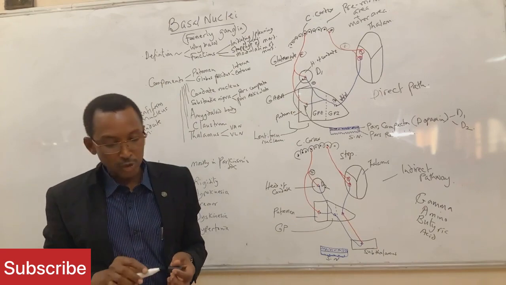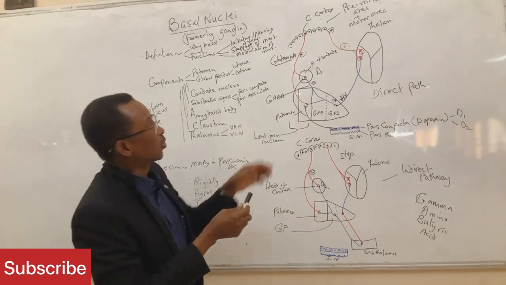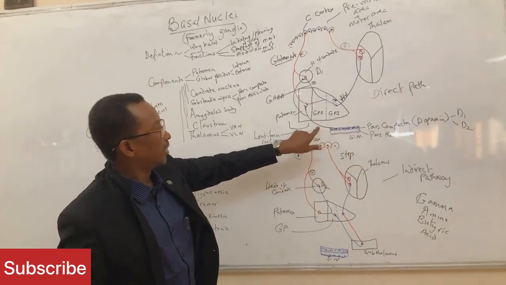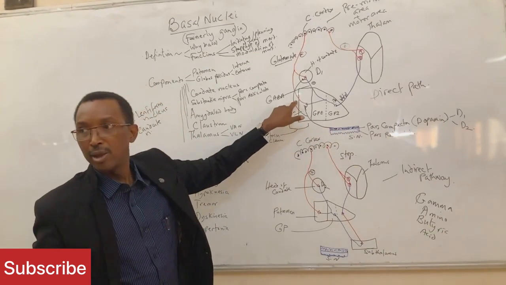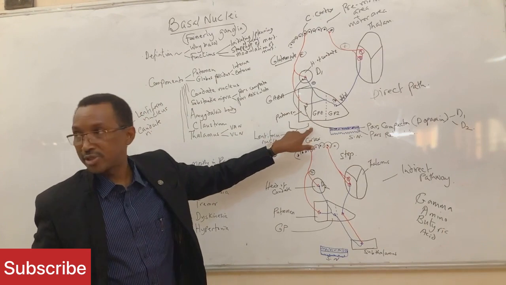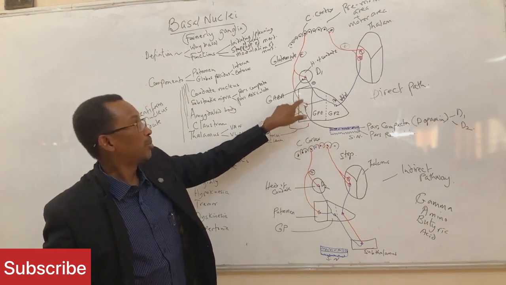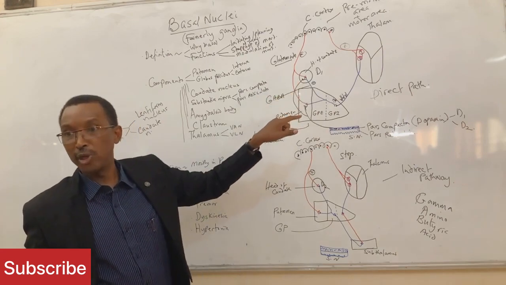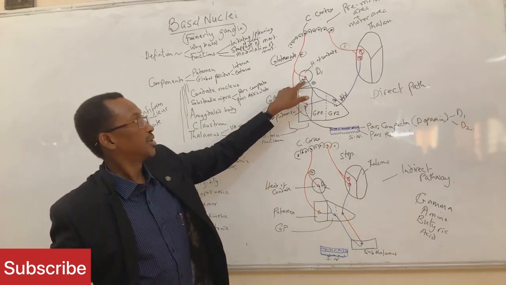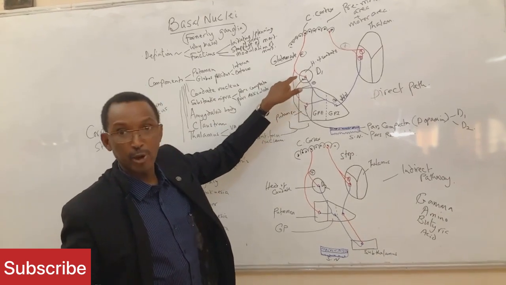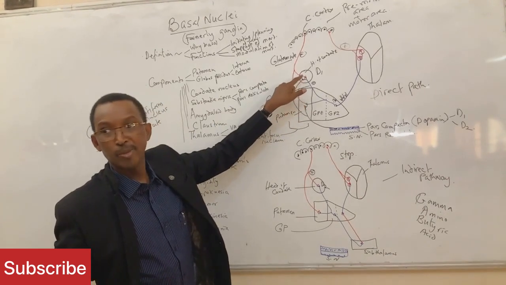Are you clear? So what is happening is that, look at this. Once this dopamine is released by these neurons going from the pars compacta to the putamen and the caudate nucleus, it is going to release dopamine here. And the dopamine that is released here is excitatory in nature.